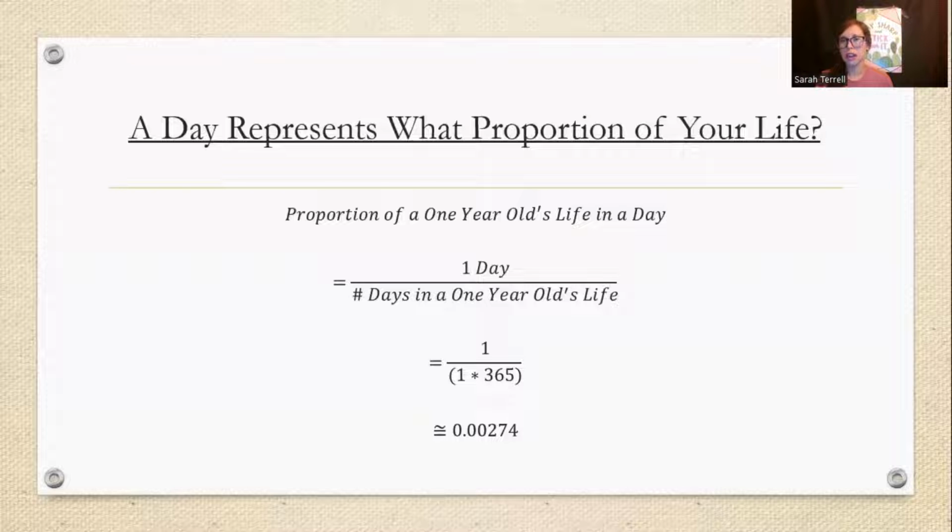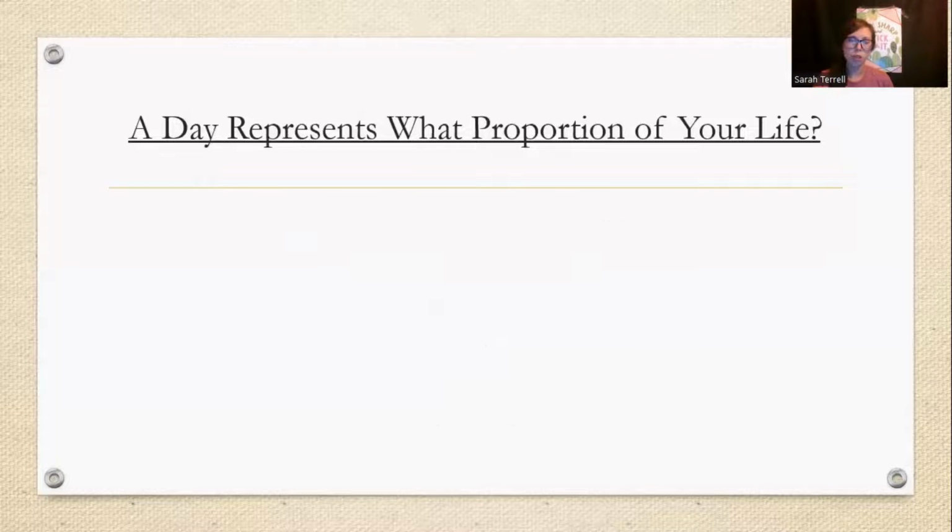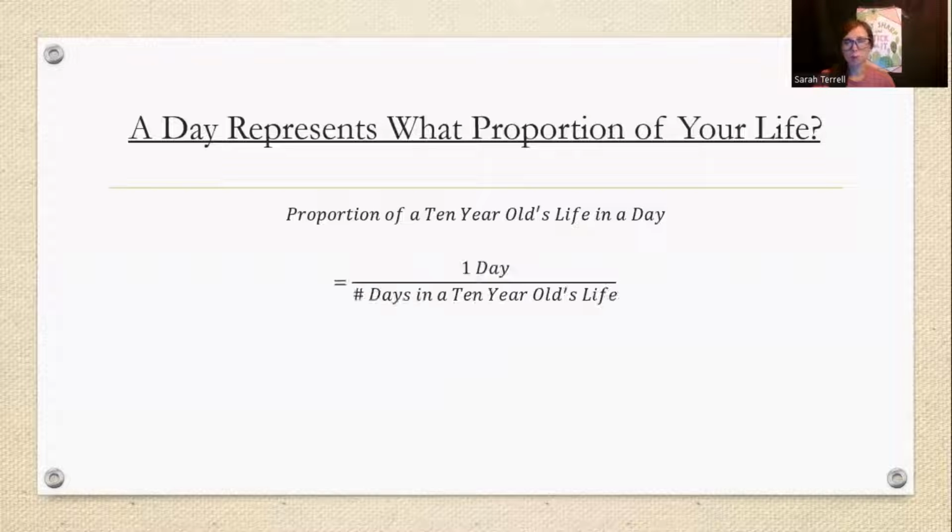Now, that proportion by itself doesn't really mean much if we're not comparing it to another age. So let's look at how this changes from a 1-year-old's to a 10-year-old's. The proportion of a 10-year-old's life in a day is equal to 1 day divided by the number of days in a 10-year-old's life, which is 1 divided by 10 times 365.